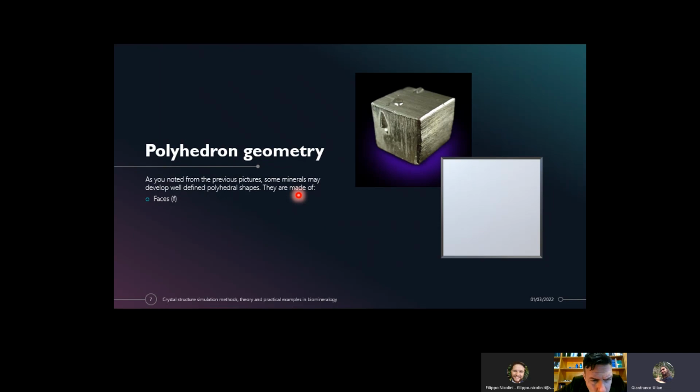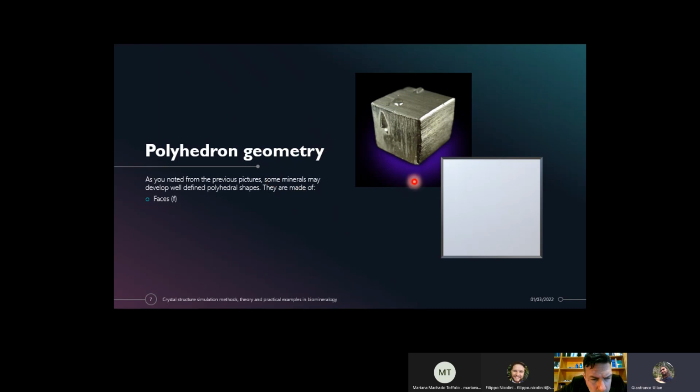So when we talk about the geometry of crystals, historically, natural scientists and crystallographers, as the only instrument they had was the eye, had to study well-developed, macroscopic crystals that can be found in nature.